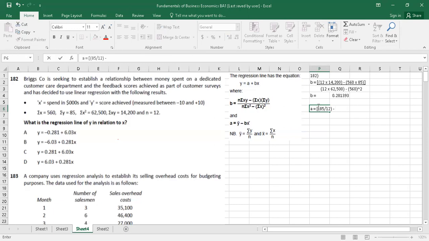B is 0.281. Then into x bar. X bar would be sigma x. Sigma x is 560. 560 divided by 12. So let's find out what's the value of A.